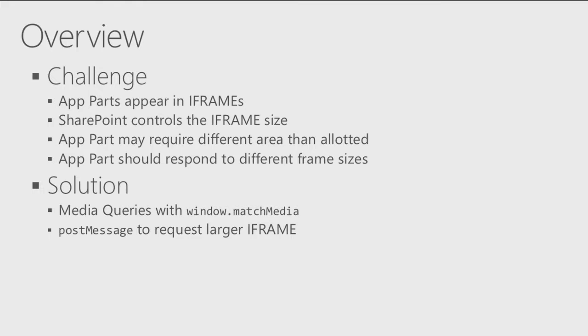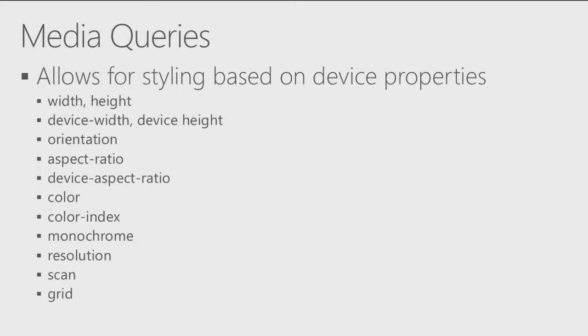And the solution that we're going to employ that is going to allow this two-way negotiation is media queries and post message. So what media queries allow us to do is styling based on device properties. You care very much about this as an app developer because we want to be mobile first, right? That's the buzzword, mobile first. It means the stuff I create should work on any device that looks at it.